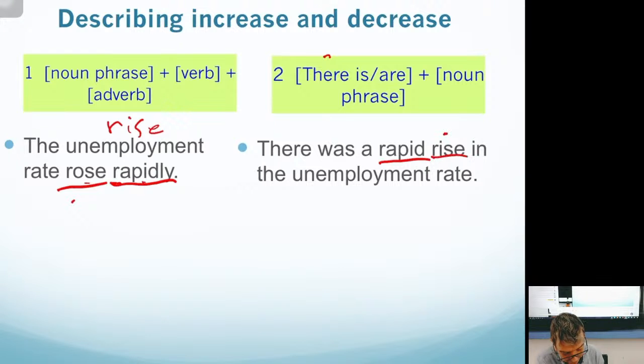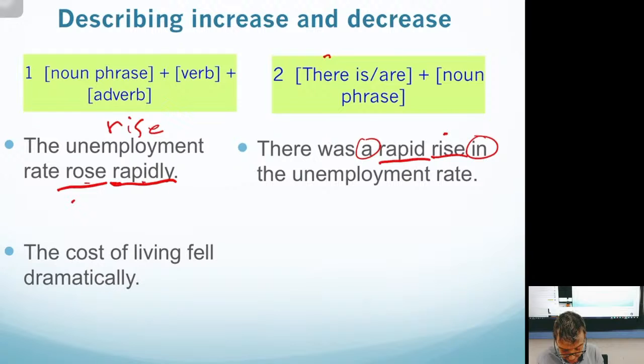So rapid rise in the unemployment rate. Don't forget a and in. Okay, let's have a look at the next one. The cost of living, so how expensive it is to live on a daily basis. The cost of living, like buying normal stuff, fell dramatically. Okay, so I'll give you some time to work that one out.